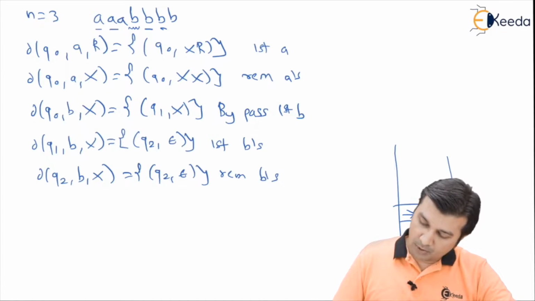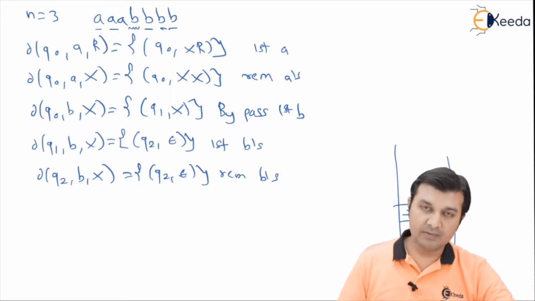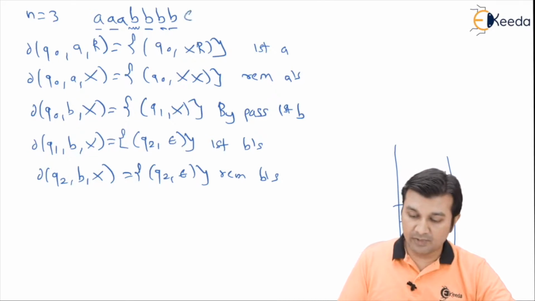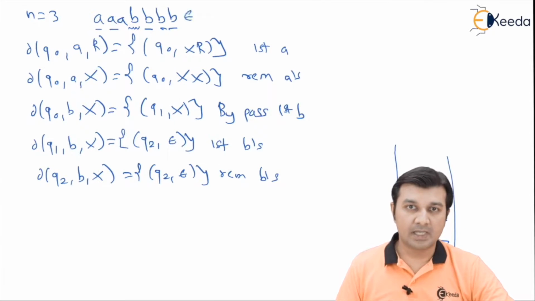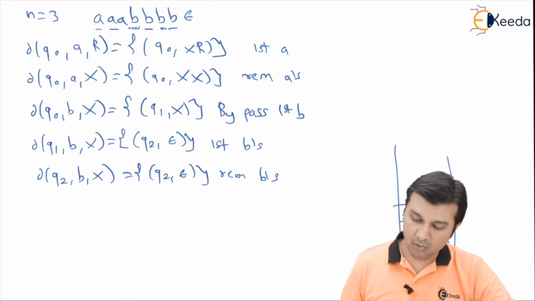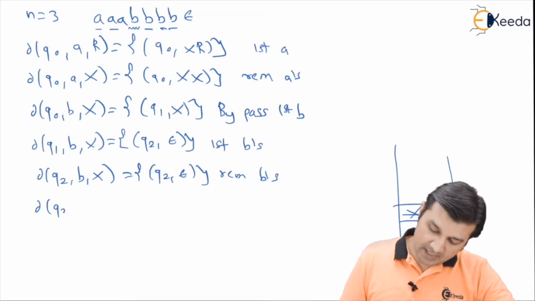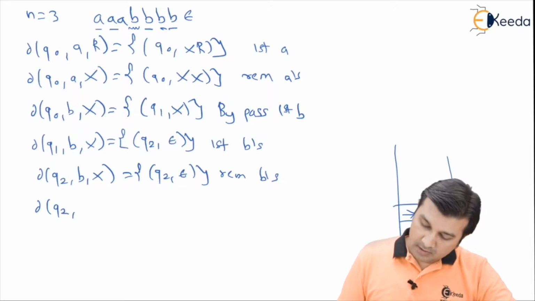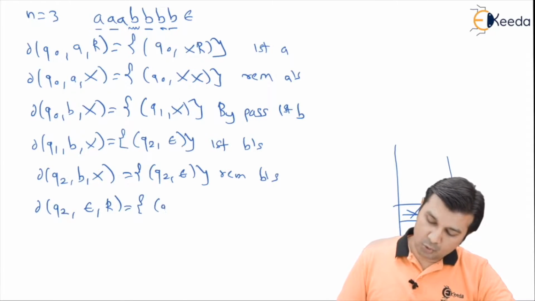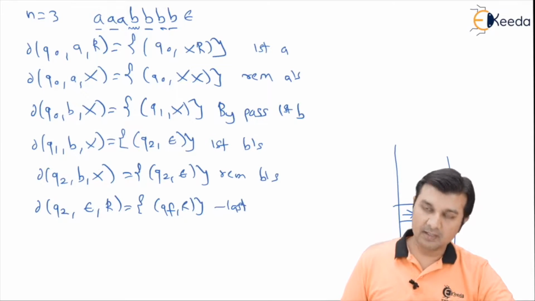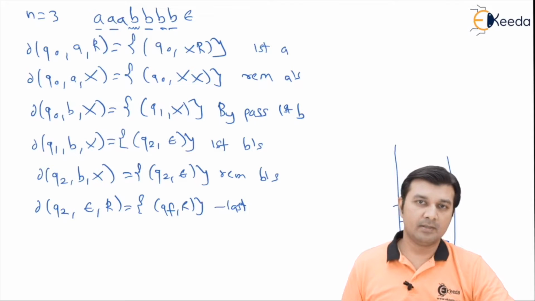So this is going to pop this for each of the b's, and finally what we'll be having is an epsilon. Now over here, finally landed into state q2. Input is epsilon, stack top is r. As usual, we go to the final state and conclude that this input will be accepted.